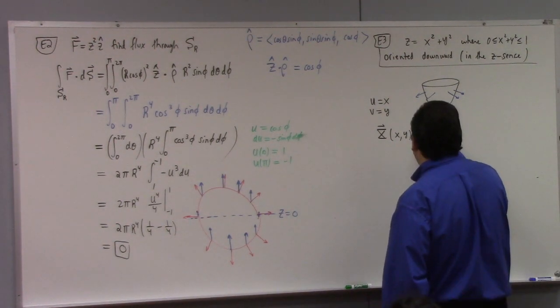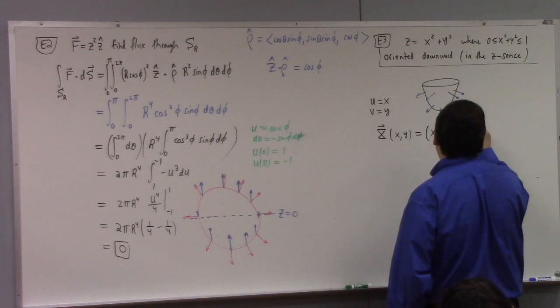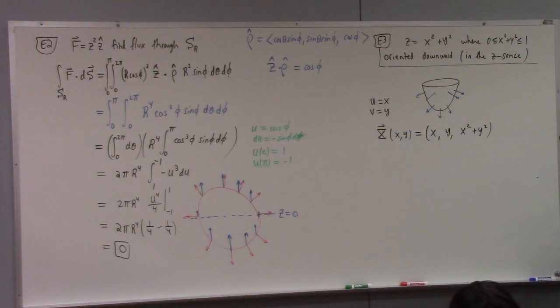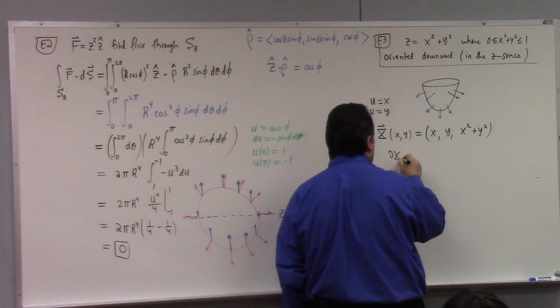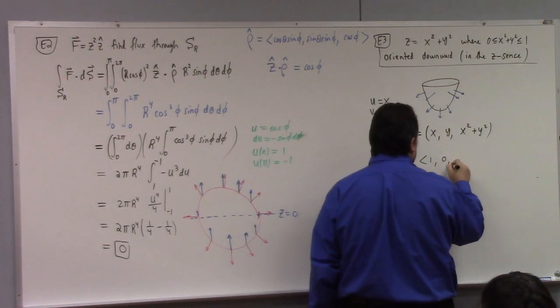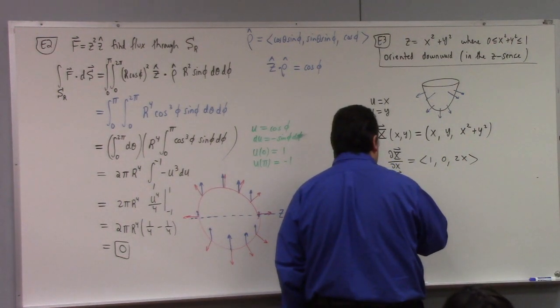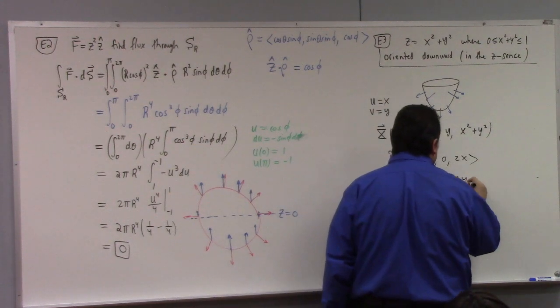So the parameterization, I'm saying x, y, and what's z? Well, z is x squared plus y squared, all right? So there's my parameterization. My partial velocity in the x direction, partial X partial x, is 1, 0, 2x. My partial velocity in the y direction, partial X partial y, is 0, 1, 2y.